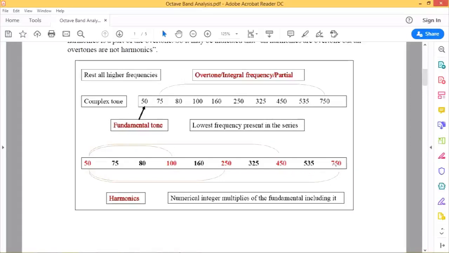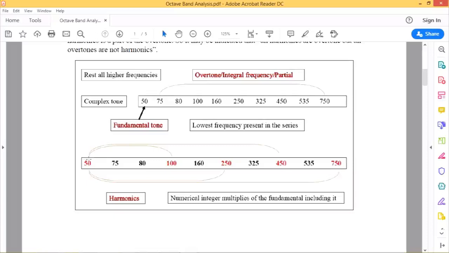Now if these frequencies are integer multiples, then all of them will be called harmonics. Why? If the frequencies are a result of integer multiples of the fundamental tone, then all these tones will be known as harmonics. Not all the tones, only the multiplied values are the harmonics.